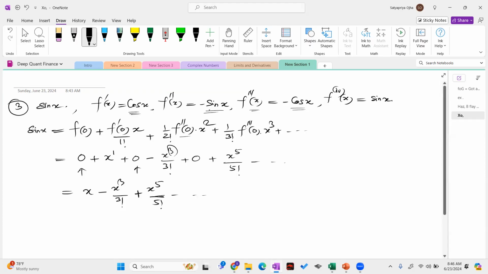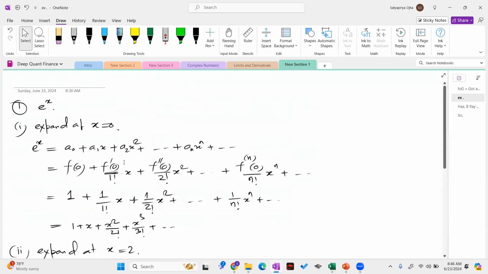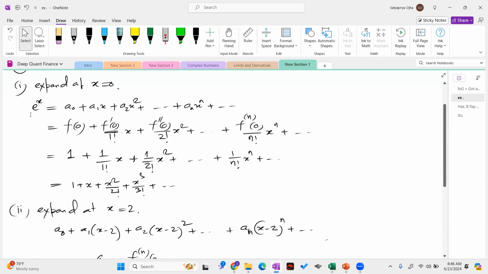This expansion is also useful for stating that limit x tends to 0, sine x by x is also 1. Because higher terms will vanish. It will approximate x. E to the power x also that we did. E to the power x, when x tends to 0, x is close to 0, e to the power x will become 1.